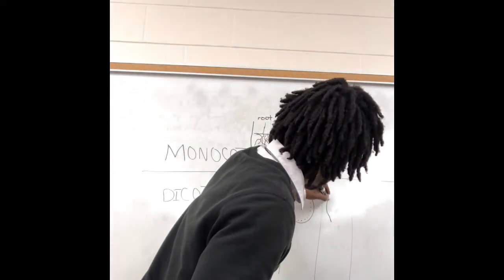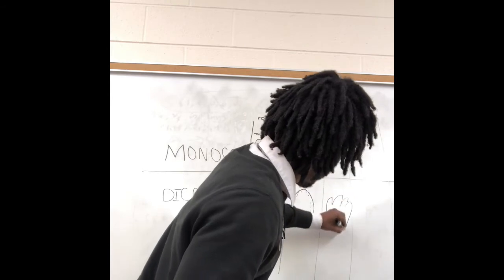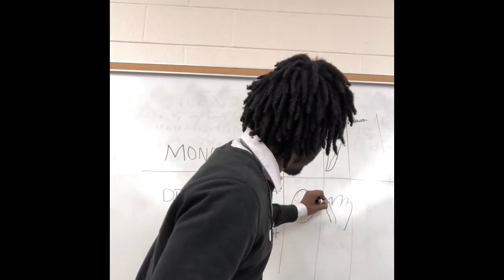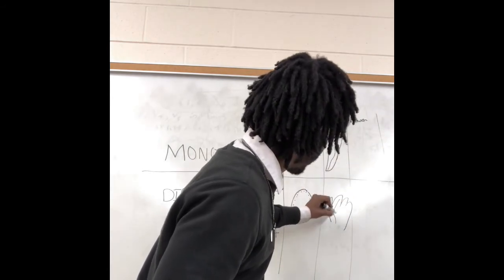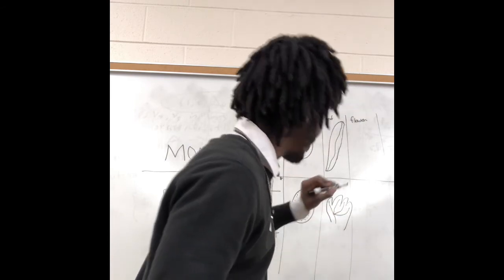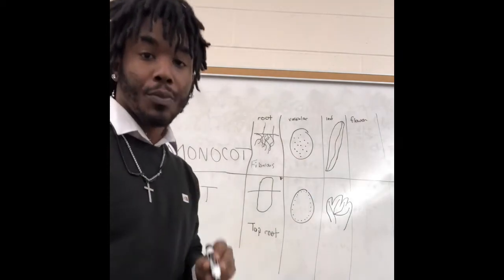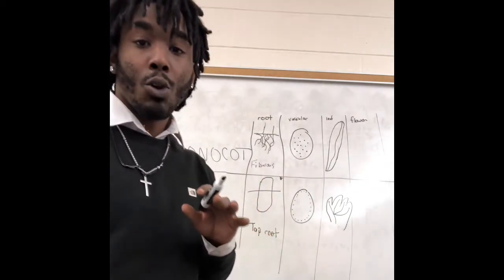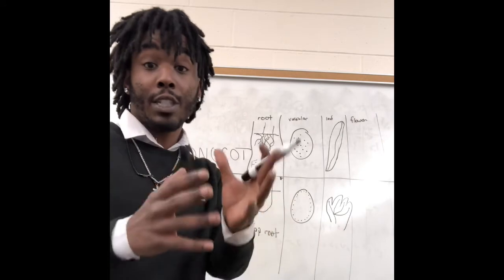So we just draw us a leaf here, and when you see the veins of the leaf and it has multiple veins in the leaf, that's when you know that's a dicot.